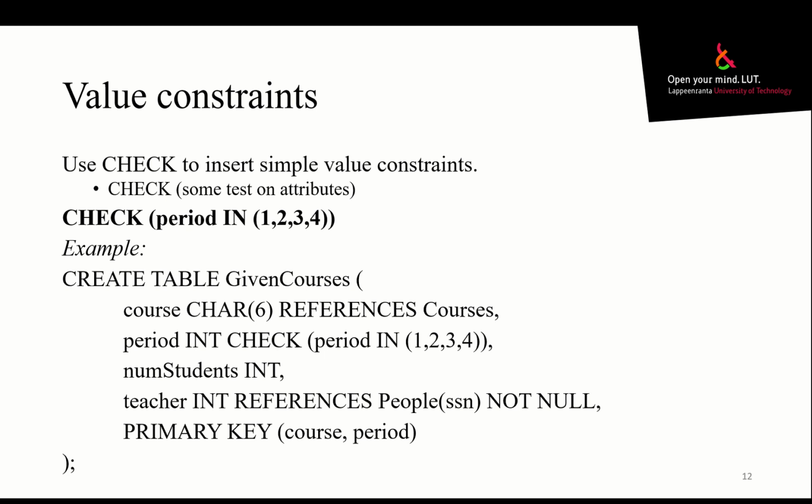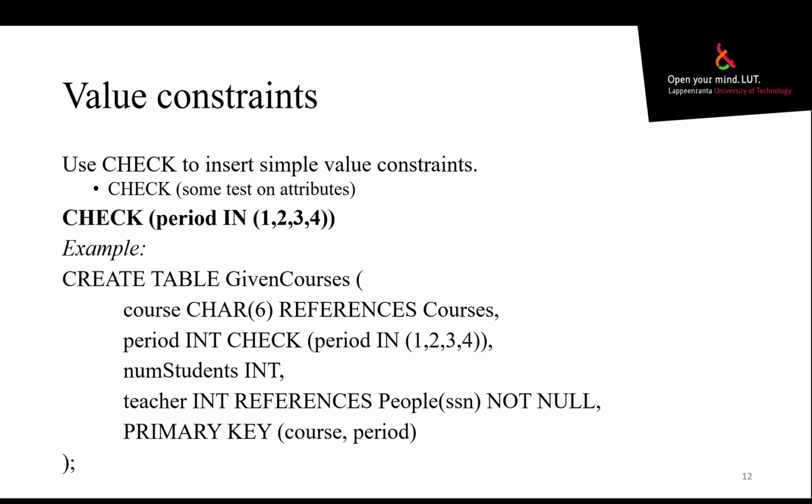So this is one way of saying, I want a certain requirement in a column. So in this example, the requirement is set for the column period: we've set the check constraint to set the period to be in this format. That is just one of the ways to use the check constraint.